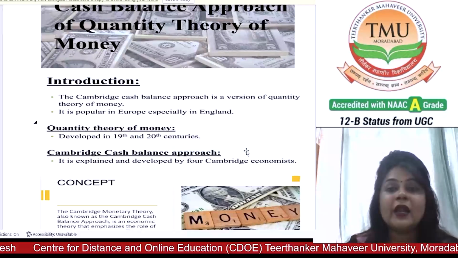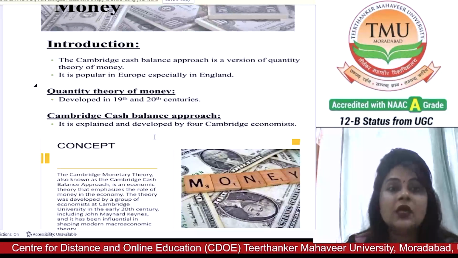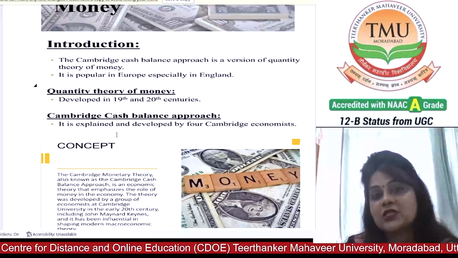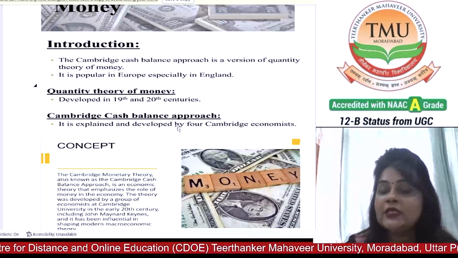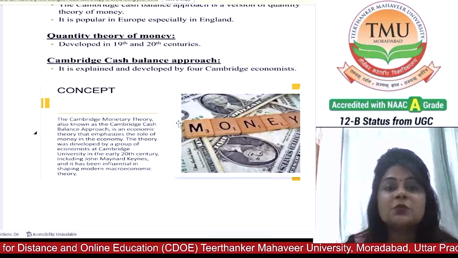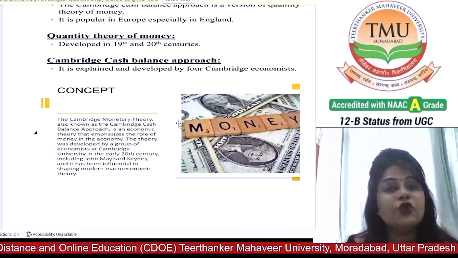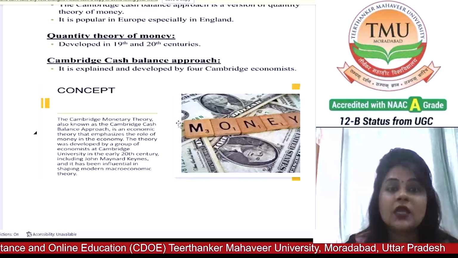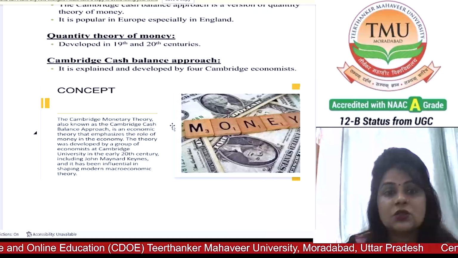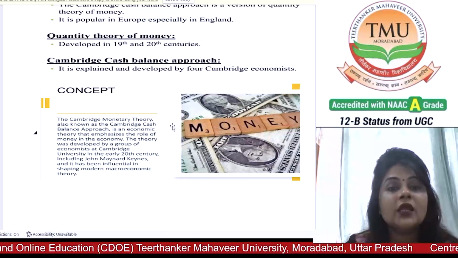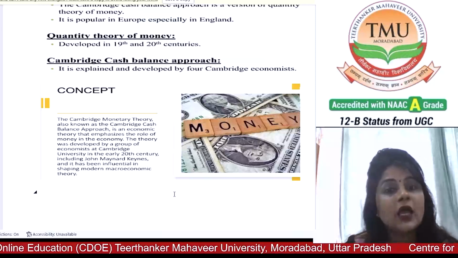The Cambridge cash balance approach is a version of the quantity theory of money. It is popular in Europe, especially in England, and it was developed in the 19th and 20th centuries. It was explained and developed by four Cambridge economists. The Cambridge monetary theory, also known as the Cambridge cash balance approach, is an economic theory that emphasizes the role of money in the economy.